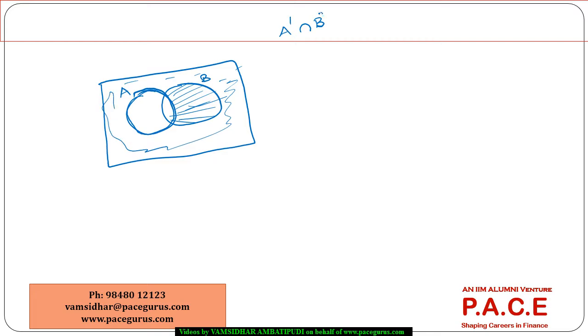Now out of this I'm only looking at the intersection with B, the commonality with B, which means only this part. A complement intersection B is only this part, which I'm calling B minus A: something that belongs to B but does not belong to A. So typically I can say A complement intersection B is nothing but B minus A.